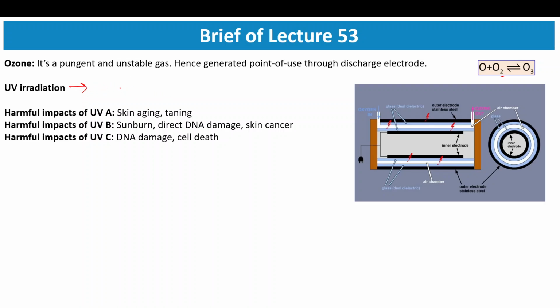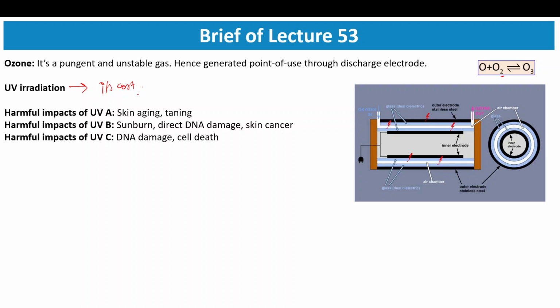And one of the major disadvantages of UV is its cost, because generation of UV requires a high amount of energy, which makes the process a bit costly as compared to the other ones. And UV has various other harmful impacts on us also.